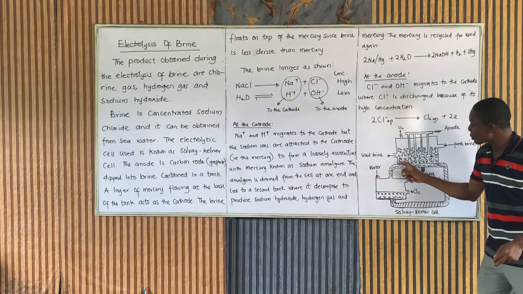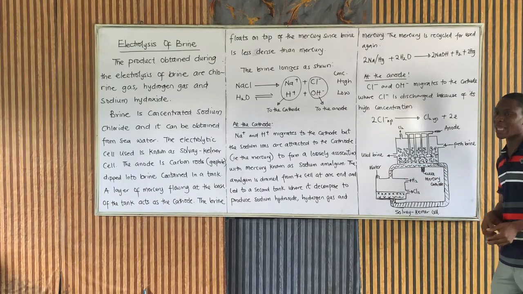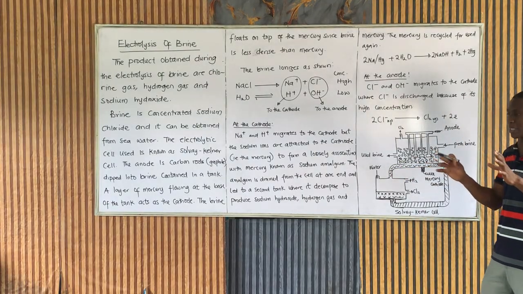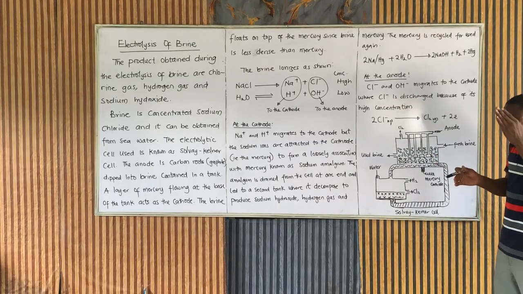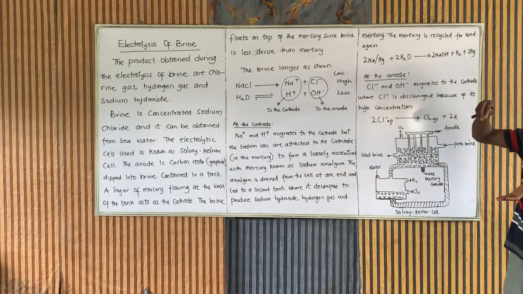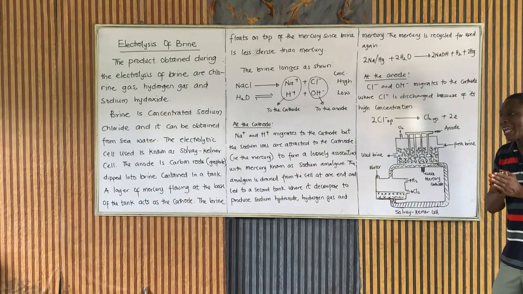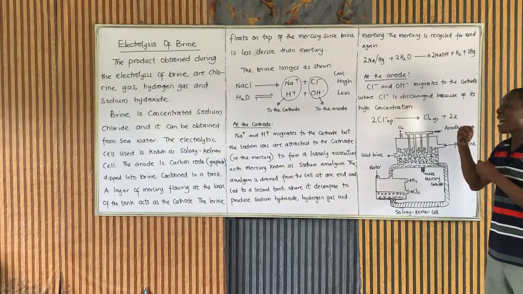Now, the moment the sodium amalgam flows and gets to this point, it enters into the water and then dissociates. It separates. The sodium stays apart and the mercury stays apart. The sodium will now combine with water to produce sodium hydroxide and liberate hydrogen gas.